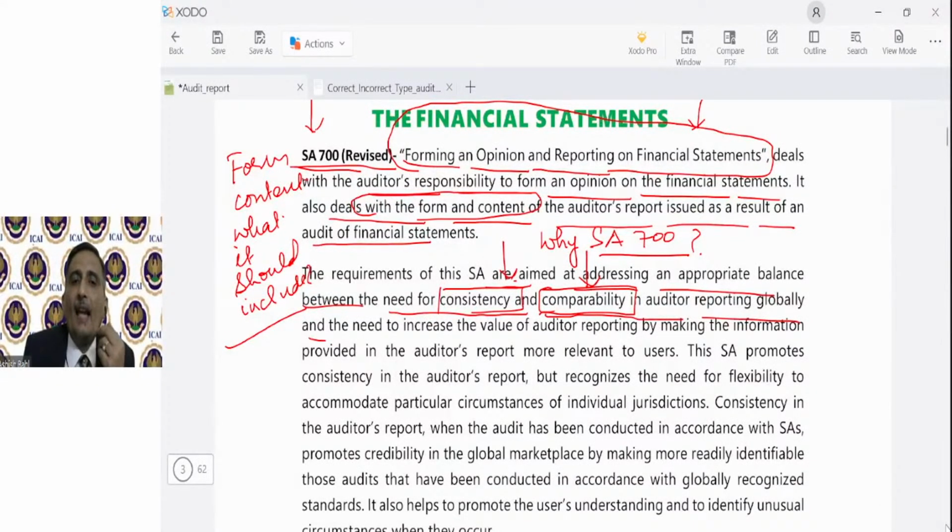And the need to increase the value of auditor reporting by making the information provided in the auditor's report more relevant to users. When you follow a standardized way of reporting, obviously users can easily compare, and it increases their confidence.